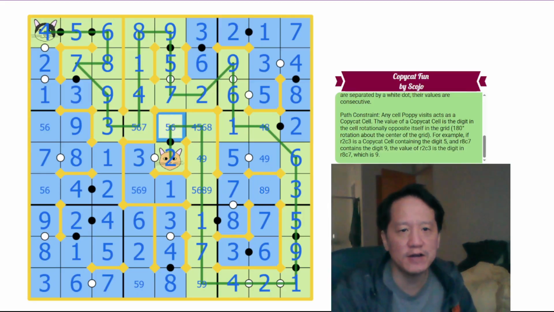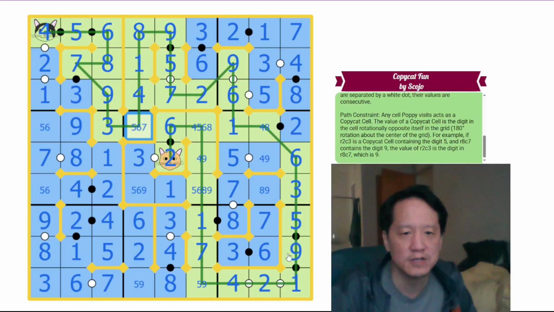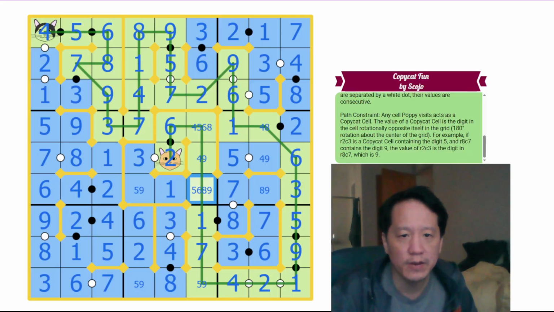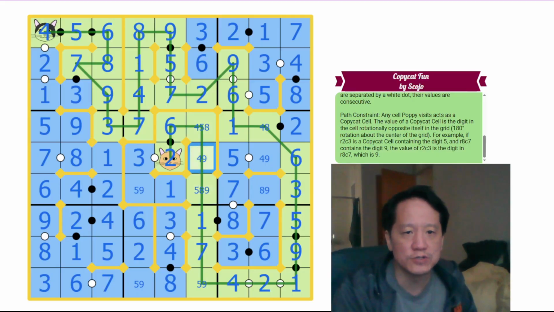This can't be 5. This is 6, which eliminates 6 here and 6 here. This is a 5-9 pair, which eliminates 5 and 9 in the rest of the column. So this can't be 5. It's 7. This 6 eliminates 6 here, so it's 5, which makes this 6. No 6 here, no 6 here. This can't be 5 anymore.